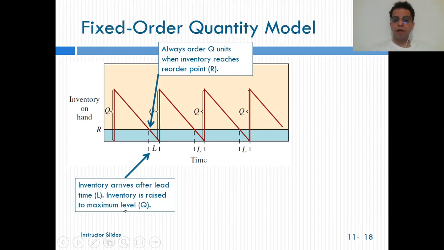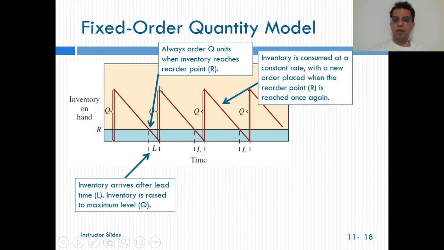Inventory is raised to the maximum level of Q. And inventory is consumed at a constant rate with a new order placed when the order point is reached. Once again, it's a constant consumption. Once it reaches a certain level, you order, it keeps going down and then you fill it up. It goes down to a certain level and then it goes up again.